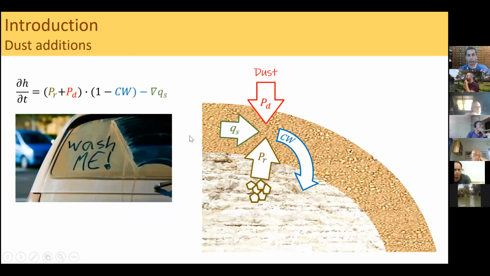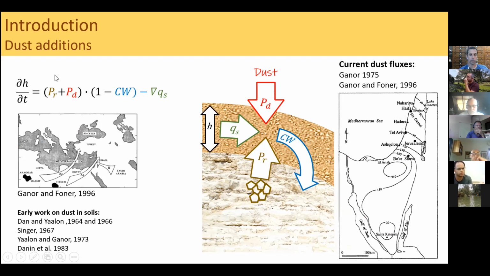Another flux that we need to consider is dust. The classical model assumes that all the soil is derived from rock weathering, but once you have dust, it's an external source, so you have to consider it. And we add it also into the mass conservation.